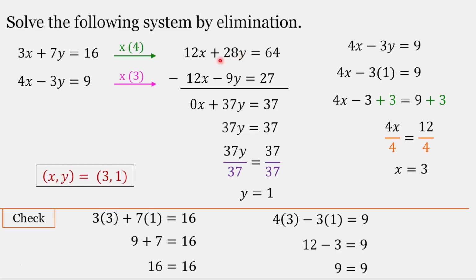And then we have 28y minus a negative 9y. So this is 28y, well, minus a negative, this is plus 9y, resulting in 37y. And then 64 minus 27 is 37. Solving for y, we end up with y equal to 1.